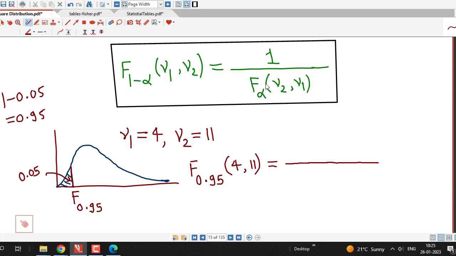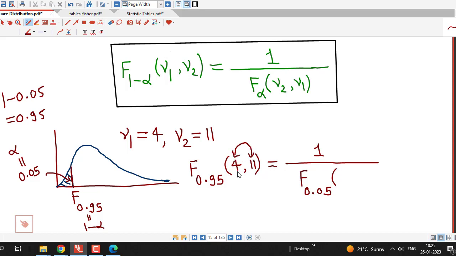So you can see here, using this identity, I have to write this as the reciprocal of, what is alpha? Alpha is 0.05, this is 1 minus alpha. So here I will consider f suffix 0.05 and I will interchange the degrees of freedom.